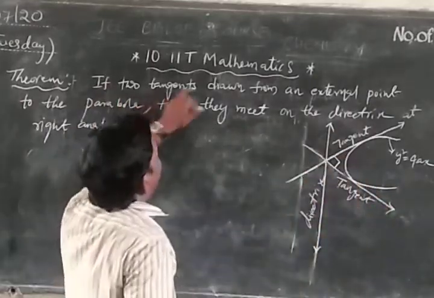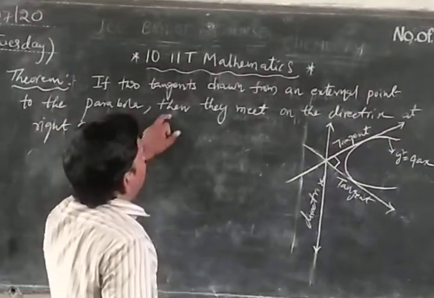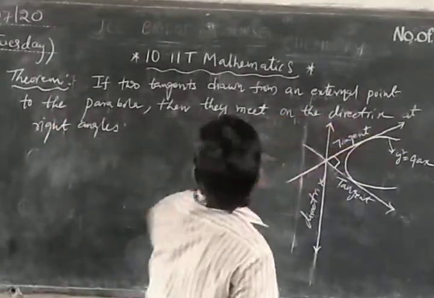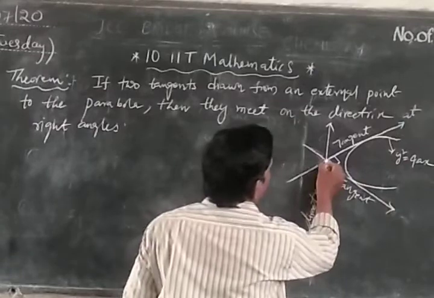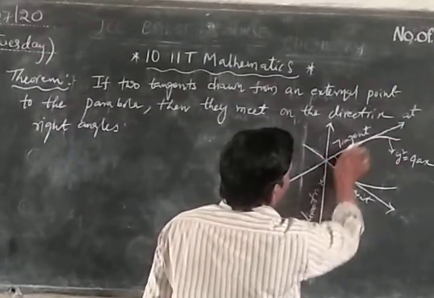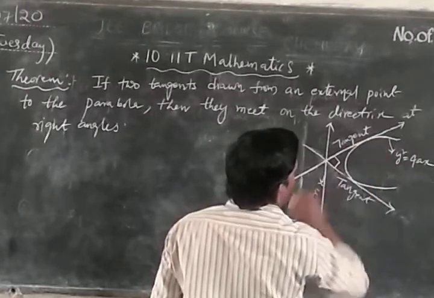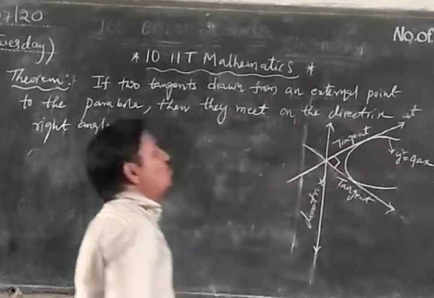If two tangents are drawn from an external point to the parabola, then they meet on the directrix at right angles. They are at this point and this point.